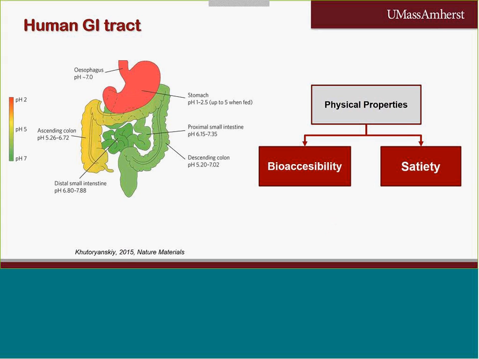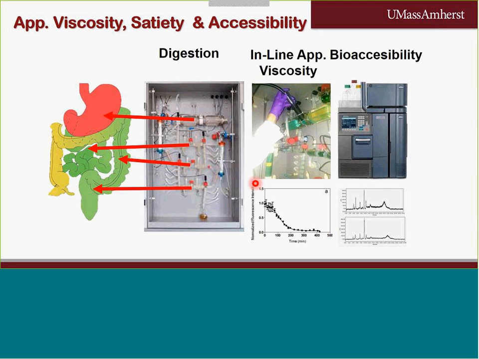We couple a digestion simulation system, one which basically represents the GI tract, and has compartments for the stomach and the intestine, with a spectroscopic technique, and we also assess bioaccessibility of the components that we were feeding to our system using an HPLC.